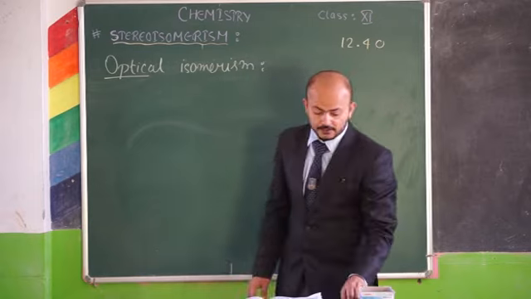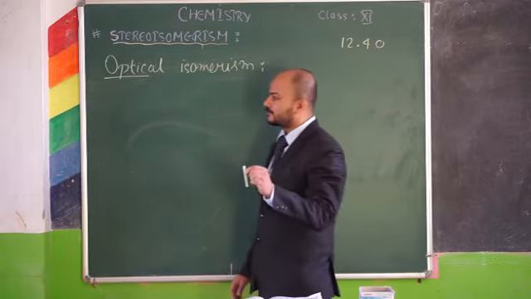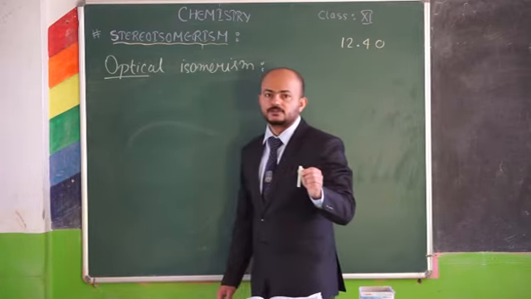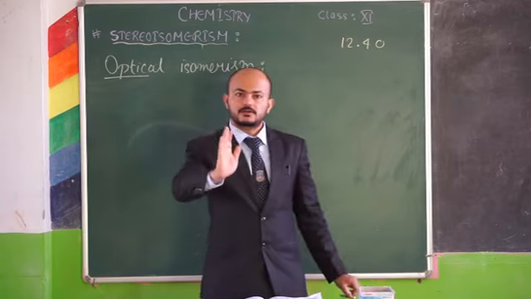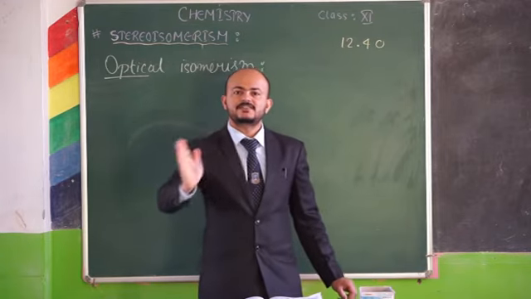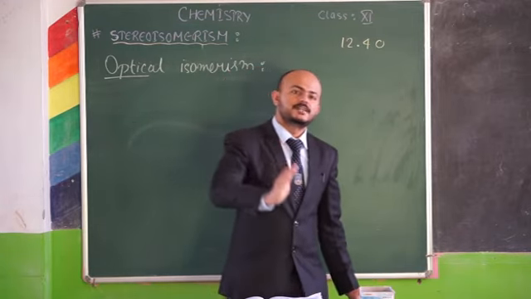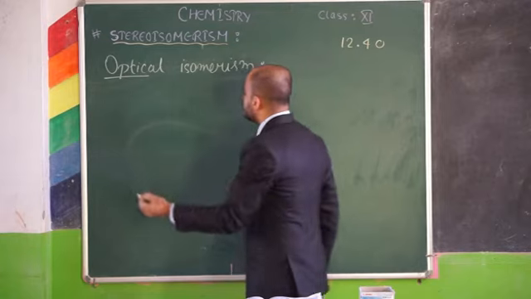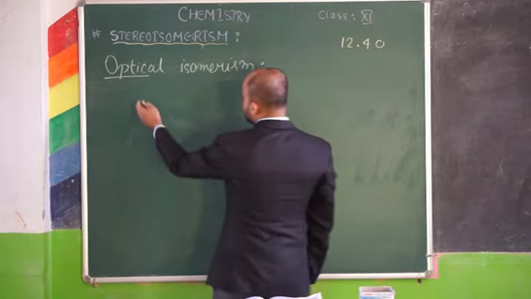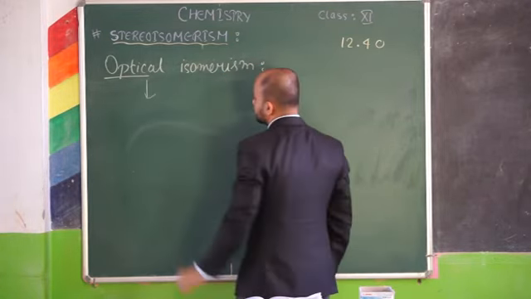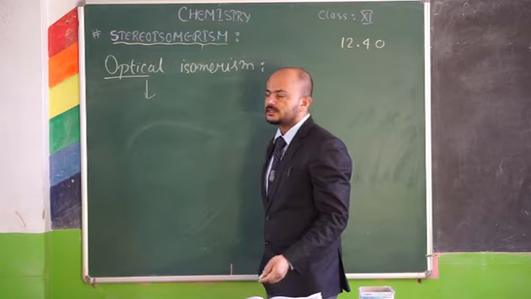Now, let's discuss types of optical isomerism based on whether the deflection is towards the left hand side or towards the right hand side. Whenever there is deflection, optical isomerism, I told you what is optical isomerism.